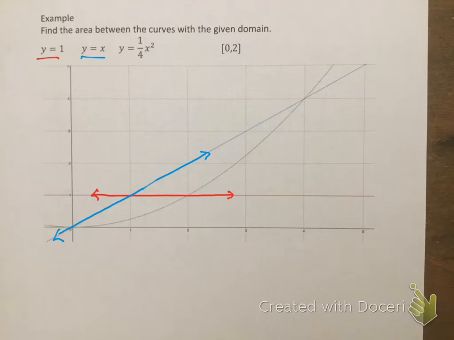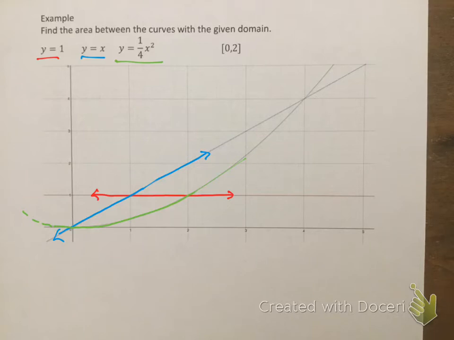And y is equal to 1/4 x squared, which is actually a parabola that would look something like that.